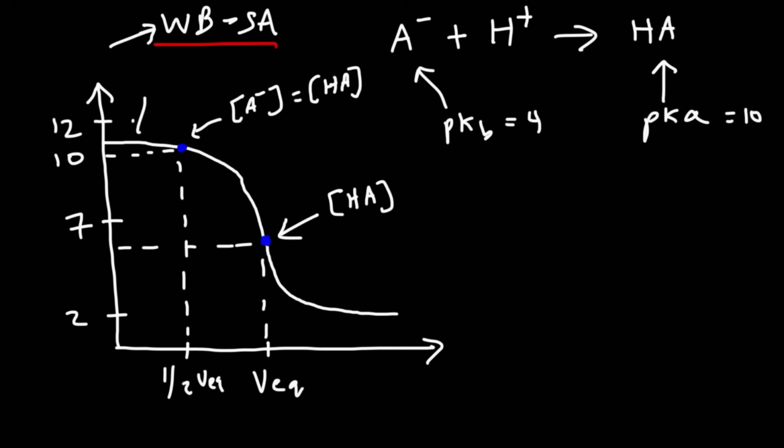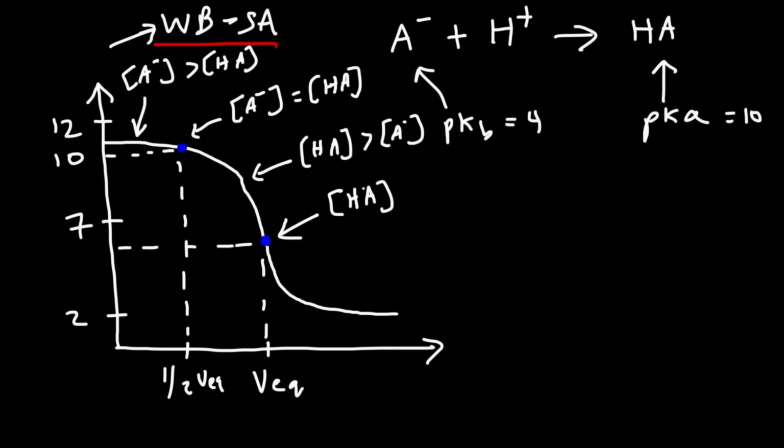Between 0 and half the equivalence point, you have more of the base than the conjugate acid. Between half the equivalence point and the equivalence point, you have more of the acid and less of the base. And at the equivalence point, the amount of weak base and strong acid that you have is almost 0.